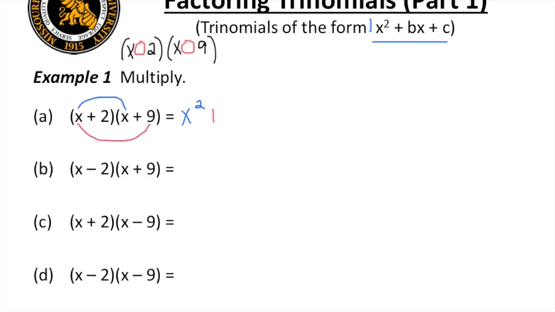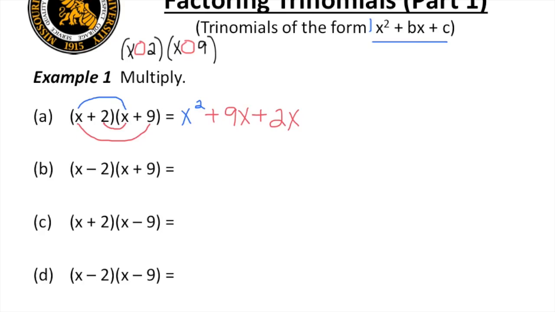X times 9 gives us a positive 9x. Then we multiply the inner terms, that is, the second term of the first binomial and the first term of the second. Positive 2 times x is a plus 2x.